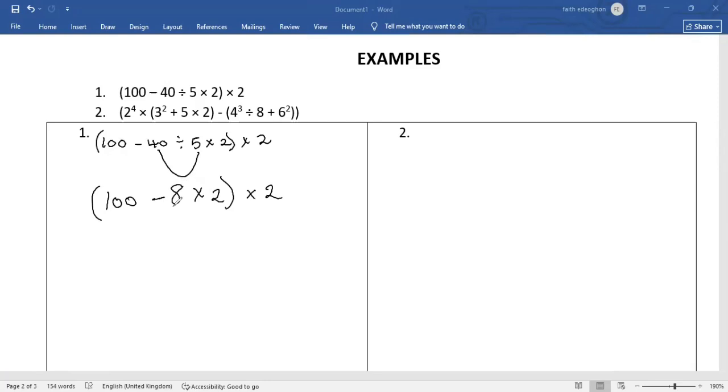All right, the next thing I'm going to do is my multiplication. Remember, I'm still working inside the bracket. The next thing I'll do is 8 times 2, which is 16. Then I still have my 100 minus 16, then times 2.